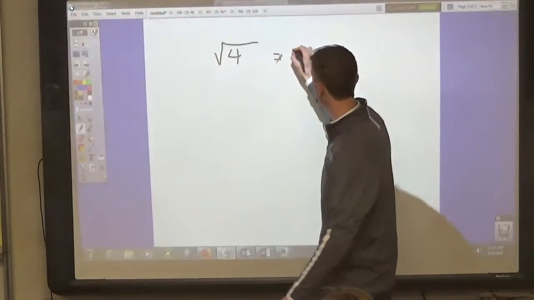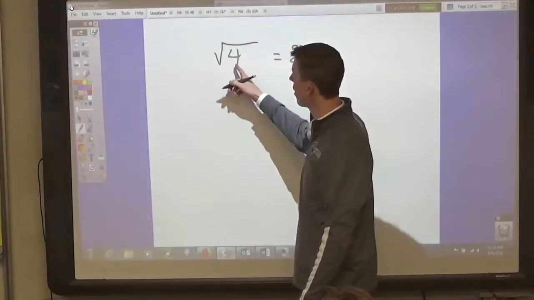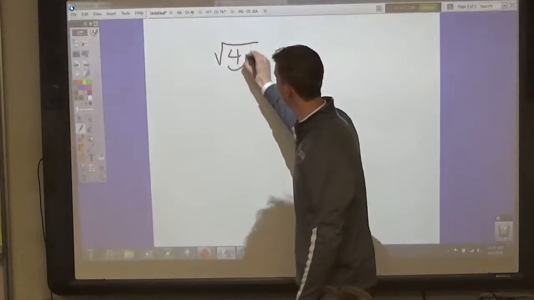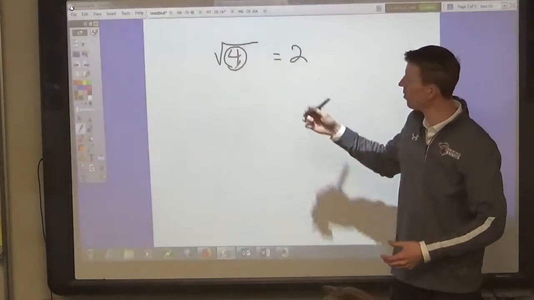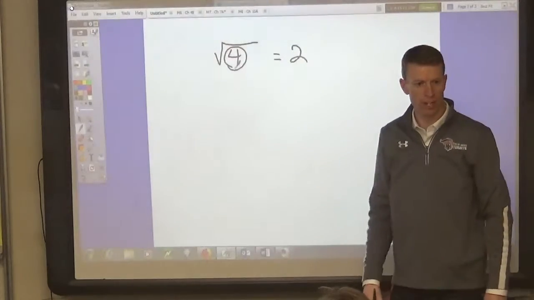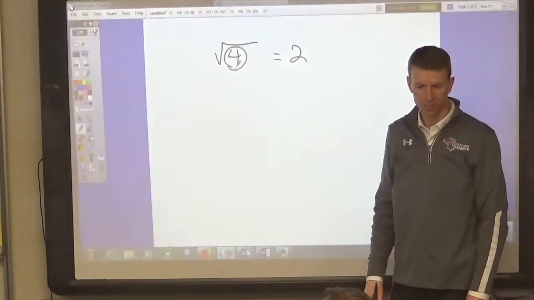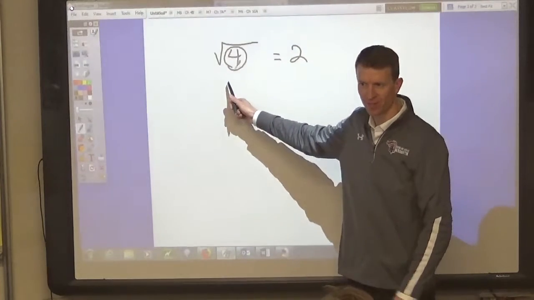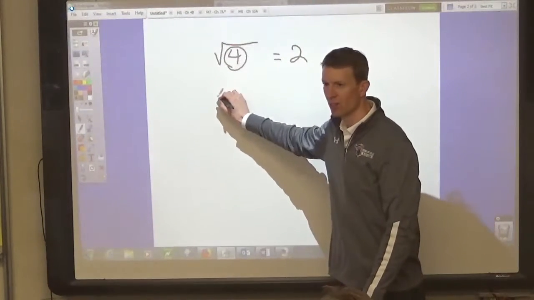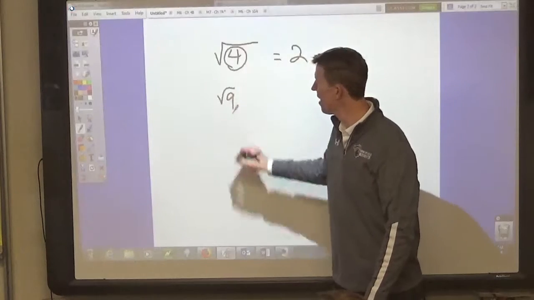2. Yep. These numbers that you can multiply by themselves to equal a number are called perfect squares. Can you think of another perfect square? Square root of 9, right?